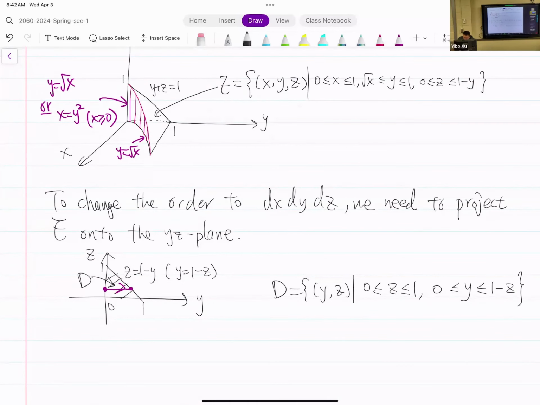And then, so now we need to look for the functions in terms of y and z for the ceiling and the bottom, right? So the ceiling is exactly this surface right here, okay, in red. So that's actually x equals y squared, right? So we want to describe x, okay, as the function in terms of y and z. And the bottom is what? The bottom is the yz plane. That's actually x equals 0. Okay.